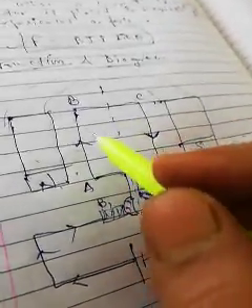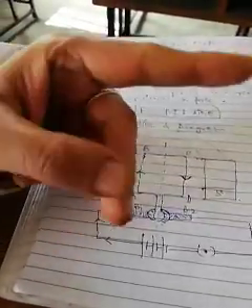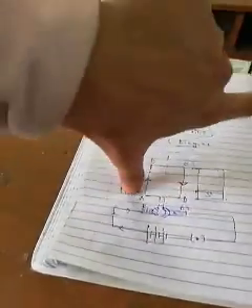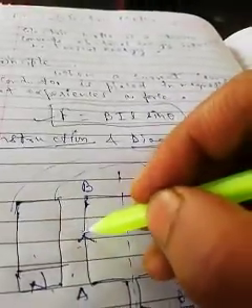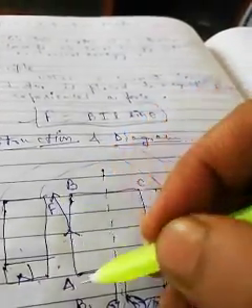Let us check the direction of force on side AB using Fleming's left-hand rule. The index finger points north to south, the direction of the magnetic field, the middle finger gives the current, and the thumb points downward. So a downward force is experienced by side AB.